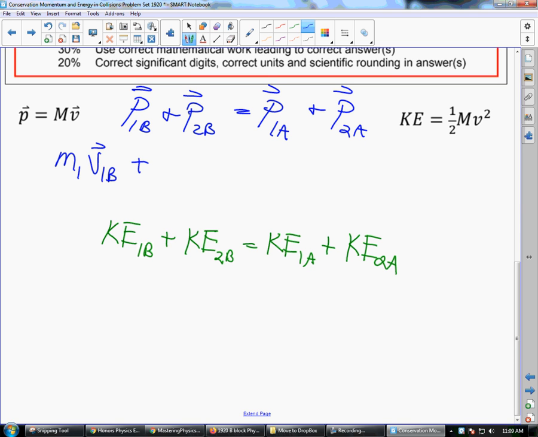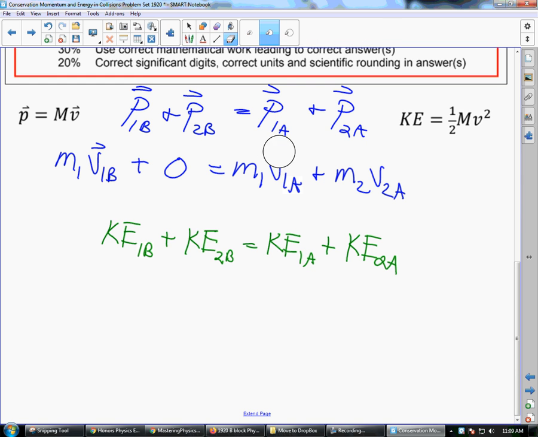It wasn't moving. That makes life easier. Then mass of 1, velocity of 1 after, plus mass of 2, velocity of 2 after. Both those I left as positives based on my prediction.